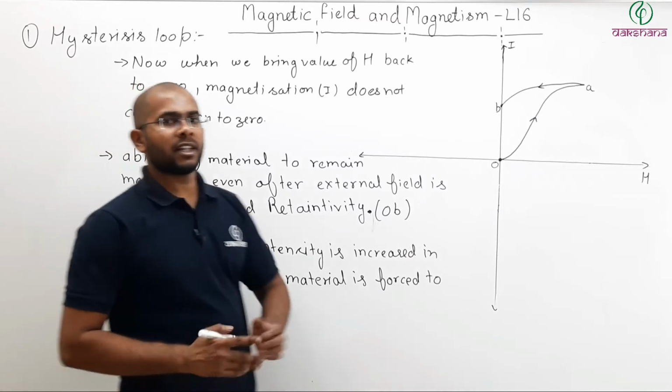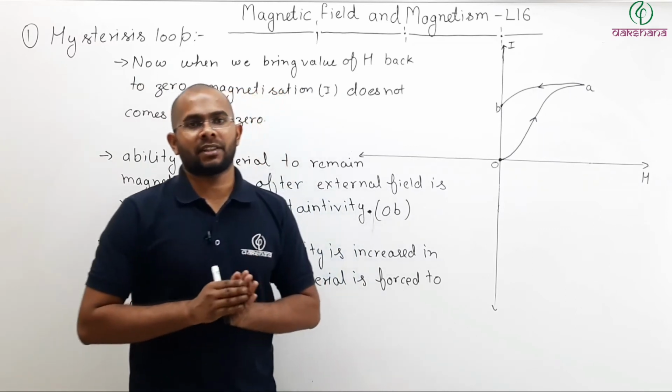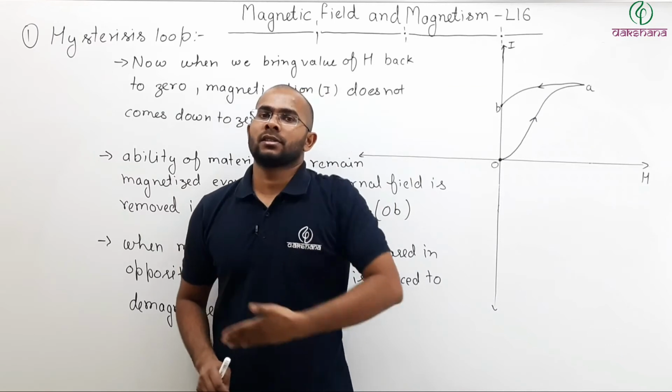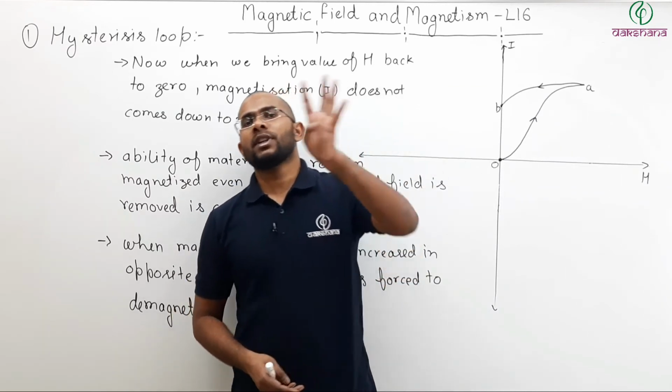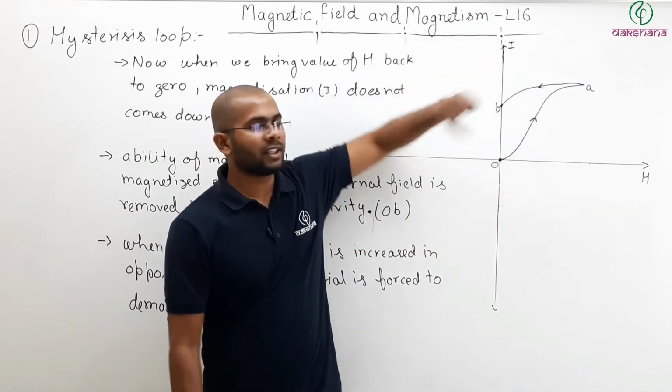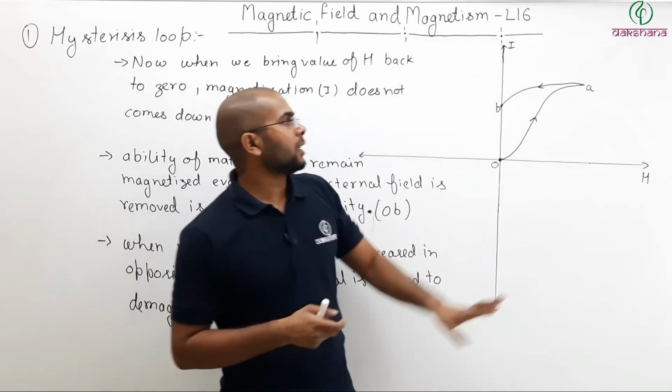On its own, it was trying to retain some of the magnetization. But I applied a field in the opposite direction. Now the dipoles will try to move in the opposite direction, so that whatever magnetization the material was retaining will also be lost.